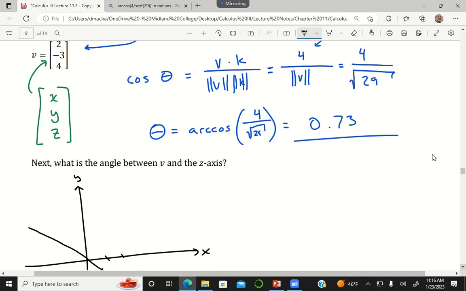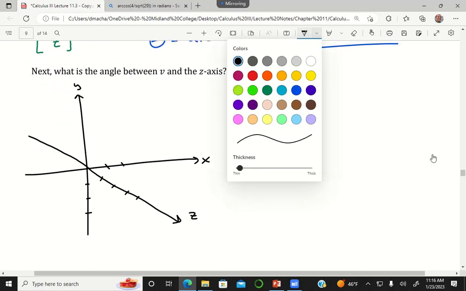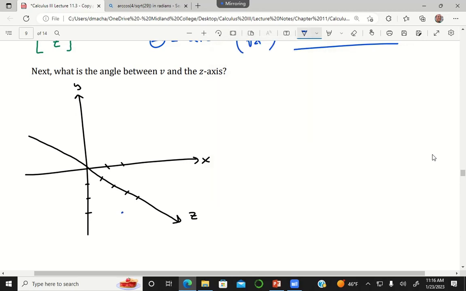And then I plot a little point, 2, -3. That's in the xy plane, and then I have to go 4 in the z direction. So 1, 2, 3, 4. That's about where my point is in space. So you have to imagine it's a little bit forward out of the plane towards you.